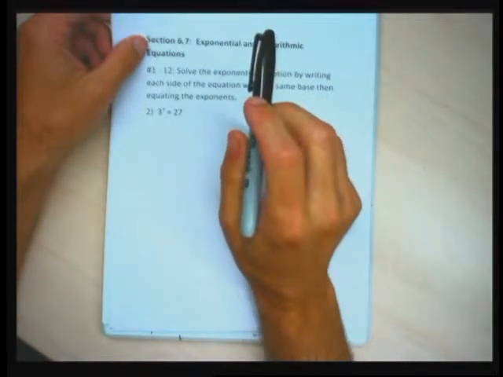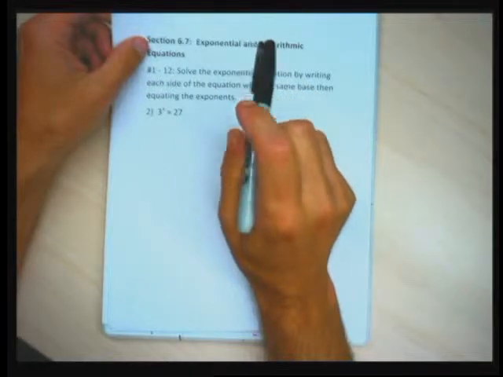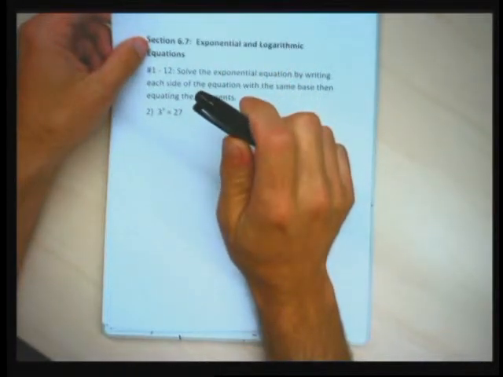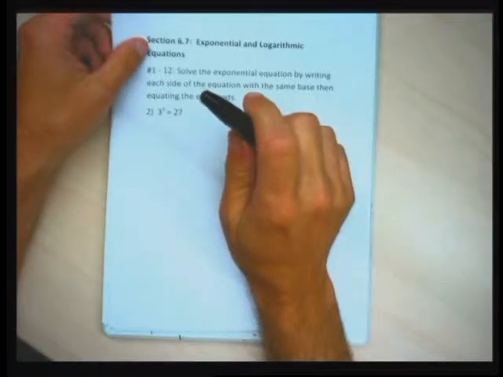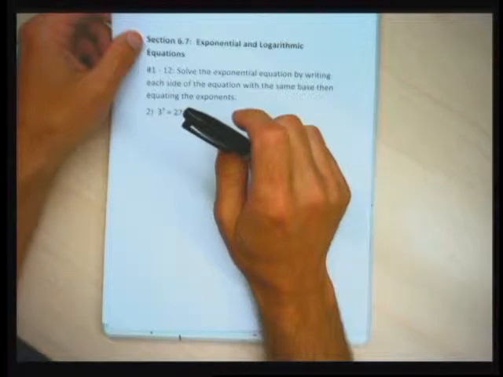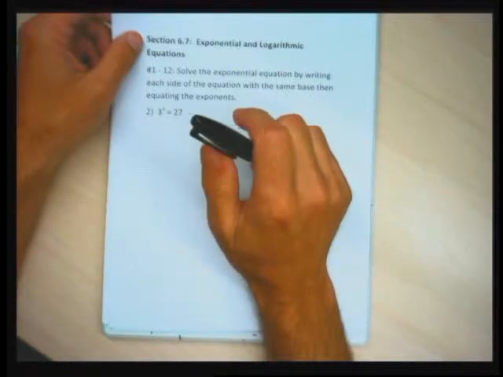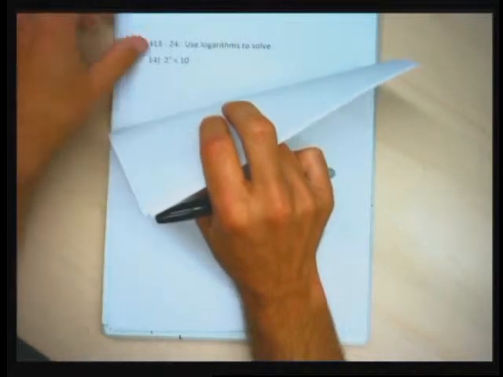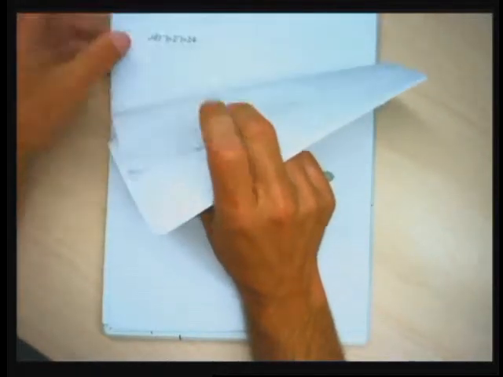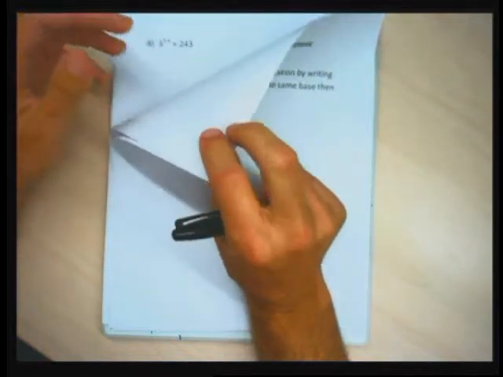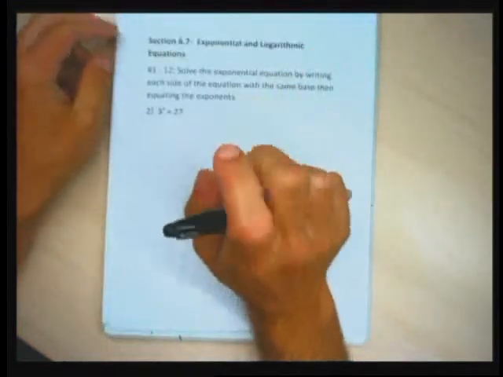You might find it easier, and it usually is easier to solve without logarithms, but it doesn't work all the time, and sometimes it's harder. So anytime you have an x in an exponent, regardless if it's more than just an x, like x plus 2 or 5 minus x, you can solve with logarithms.